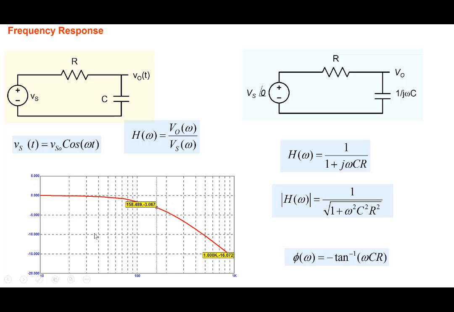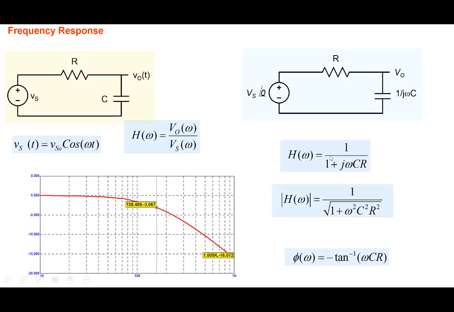To see the entire transfer function, we look at a large frequency range, and therefore we plot frequency on a log scale. That plot is what we call a Bode plot of the transfer function.